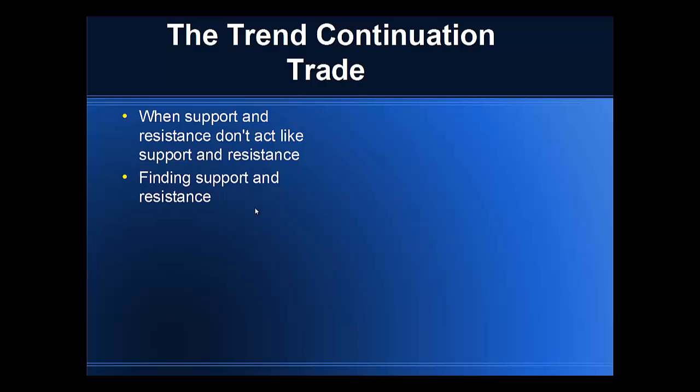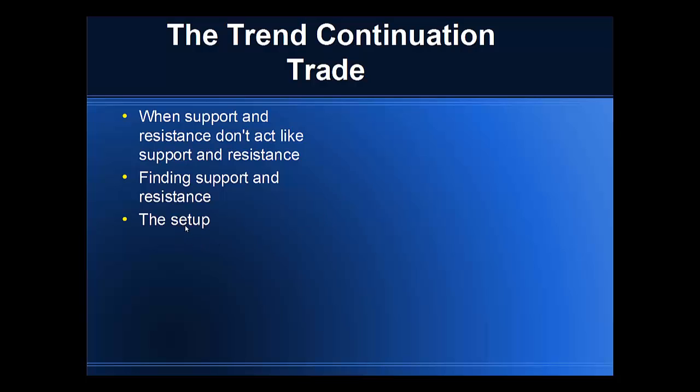Alright, so our first step is we're going to need to find support and resistance, because we have to know where the levels are so we can see how the market reacts at those levels. We'll use our decision point tool, and I'll show you how we look for areas of support and resistance. Next, we'll talk about the setup.